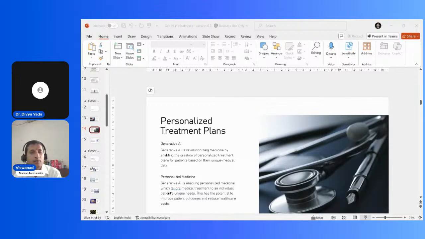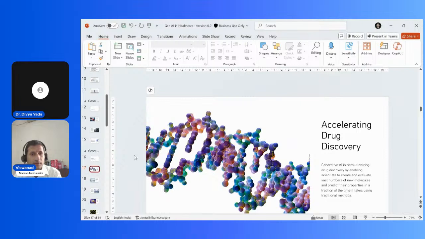Okay. So then I will shift to drug discovery. Identifying new medicines has been existing for some time, but with the latest models, the speed has phenomenally increased.